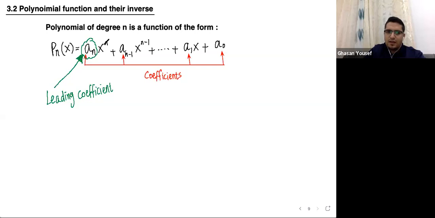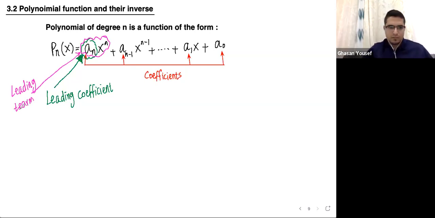And a_n x to the n, all of this term, is called the leading term. Here, without the a, sorry for that. This is called the leading term with the x. The a only is called the leading coefficient.